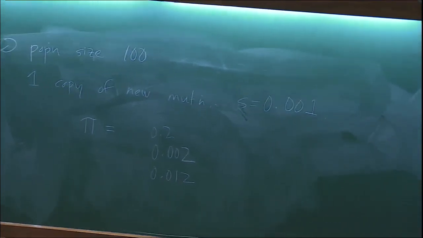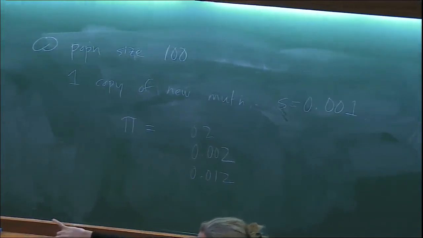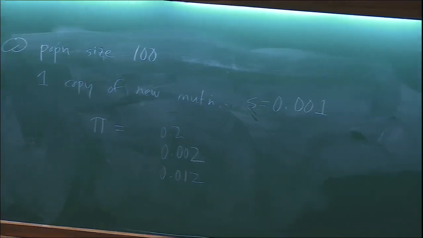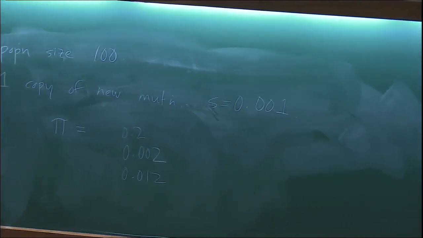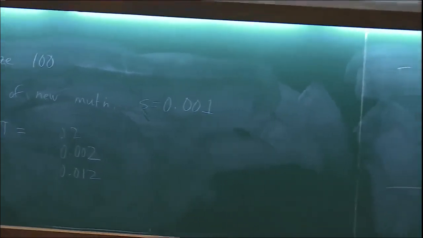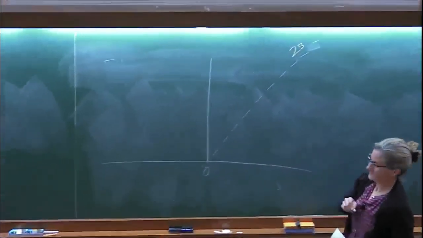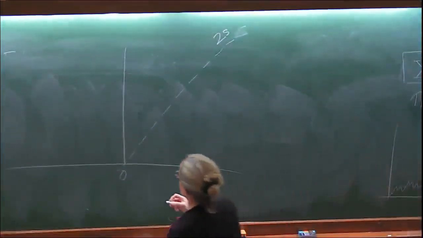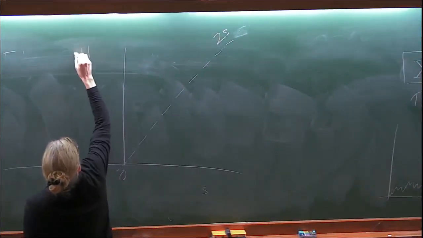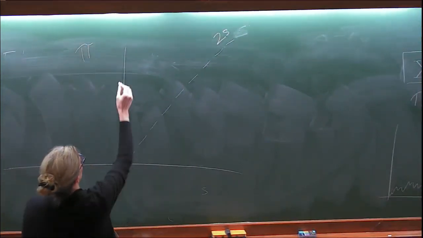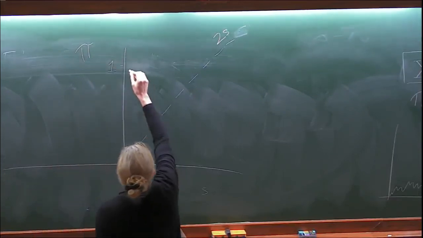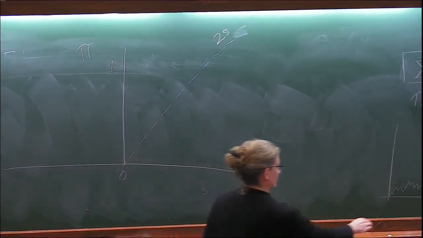If I had an infinitely tall blackboard, this sketch would go right under that sketch over there. So let's do S, 0, and 2S. Line 2S is here, and the y-axis is pi. 1 is here.